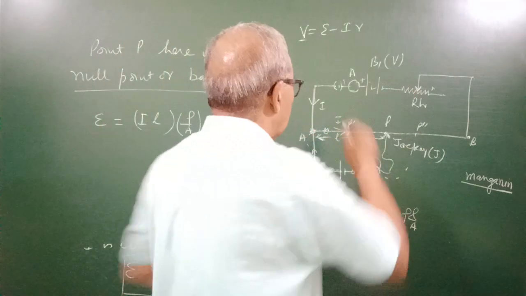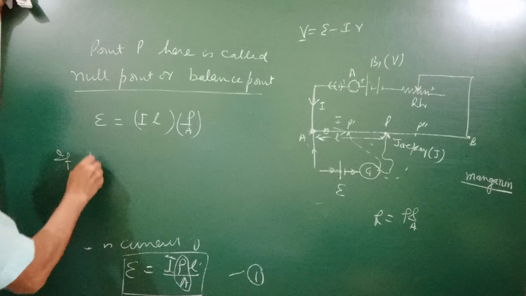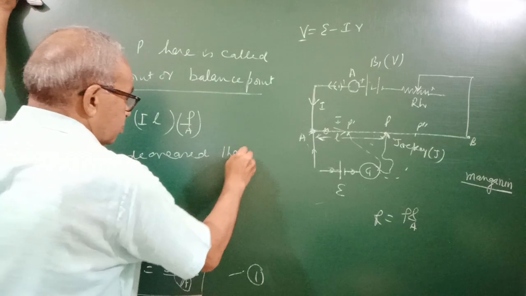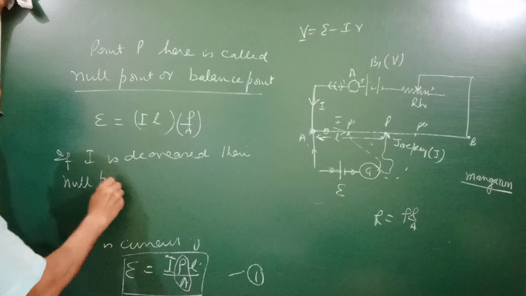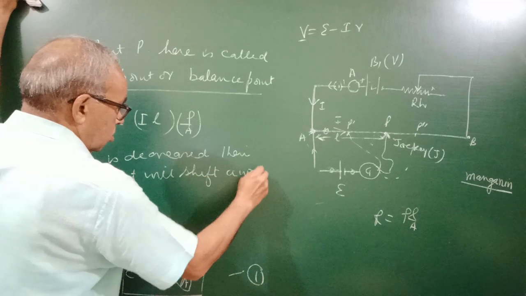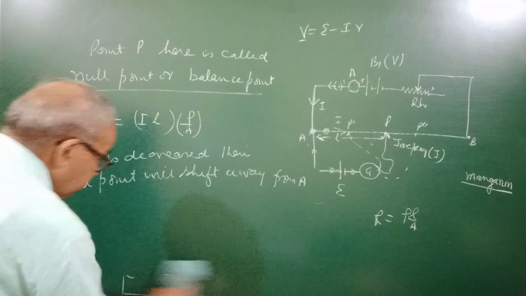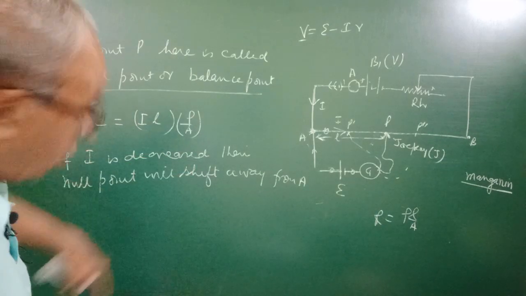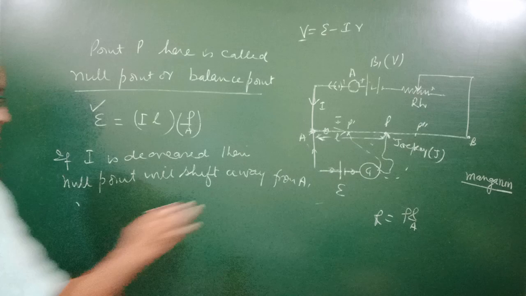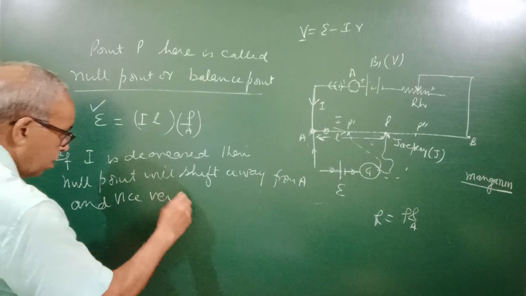If we decrease the current I flowing in the potentiometer wire using the rheostat, then the null point will shift away from A, and if we increase I, then vice versa, because rho upon A is fixed and E is fixed.